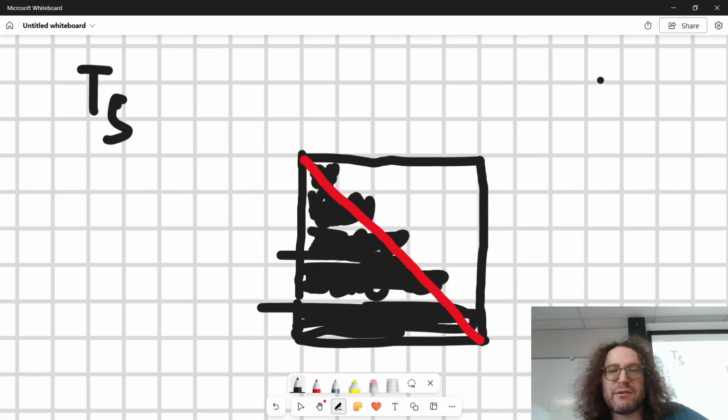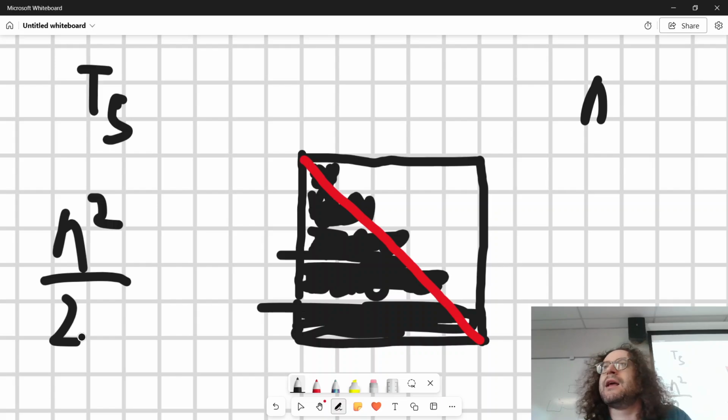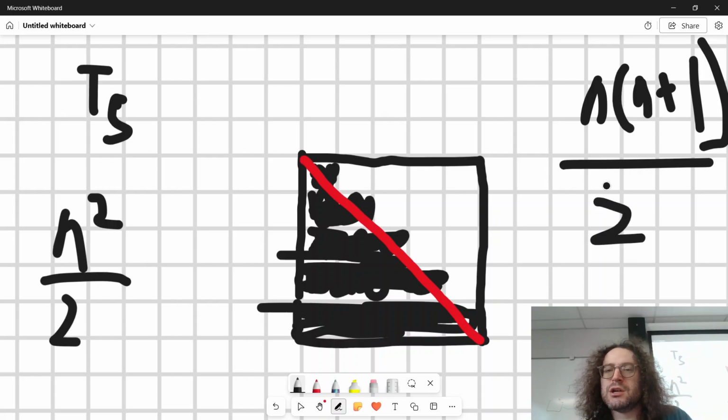What was the equation? The area of the square is n squared, right? Half of that would be n squared divided by 2. The area that I shaded takes a little more than half, and the equation we're using is n times n plus 1 over 2, which can be rewritten as n squared plus n over 2, which is a little more than half of the square, right?